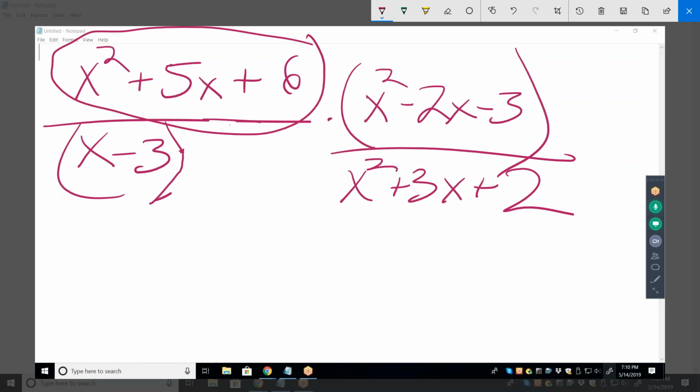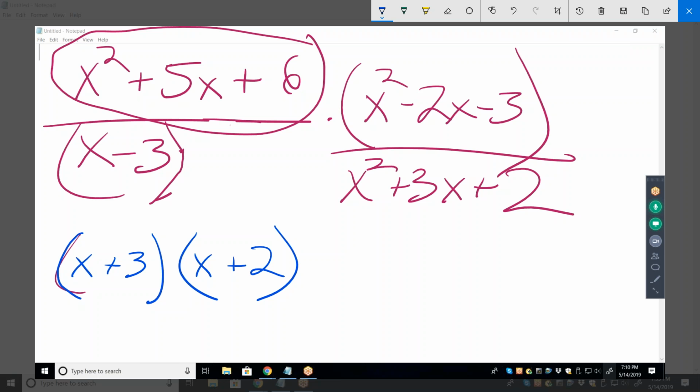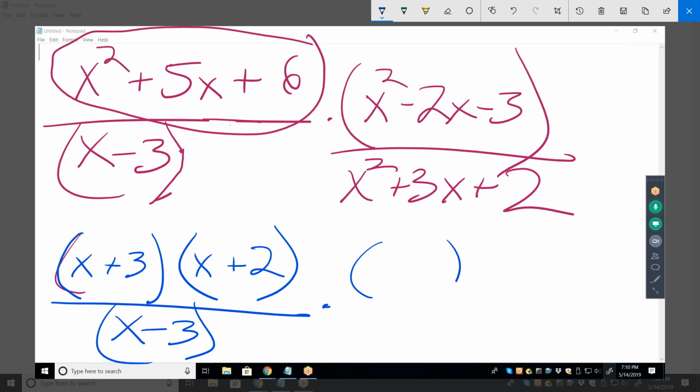Factor that. Okay. Here, let me write in blue so it's not confusing. Alright, so top left, split up the x's, and then both signs are positive, and then it would be 3 and 2. Okay. I can't factor that, so I'll just leave that the same. Now factor the top right.